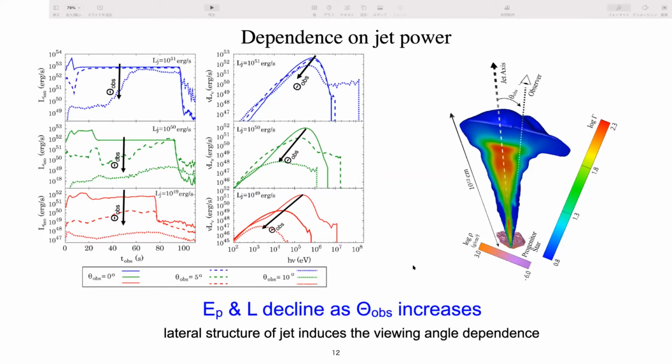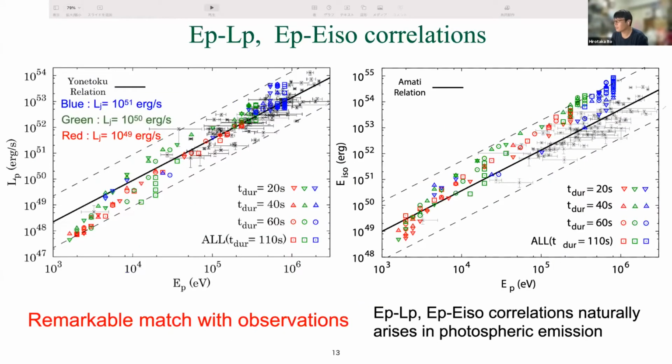So, considering the comparison with the observation, this is the comparison of the simulation results with the observed Yonetoku and Amati relations. The points with error bars show the observation data, and the color plots show the three simulation results.